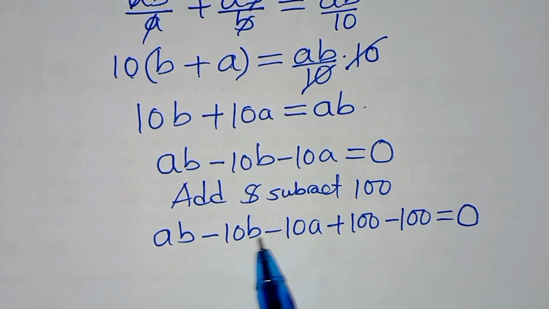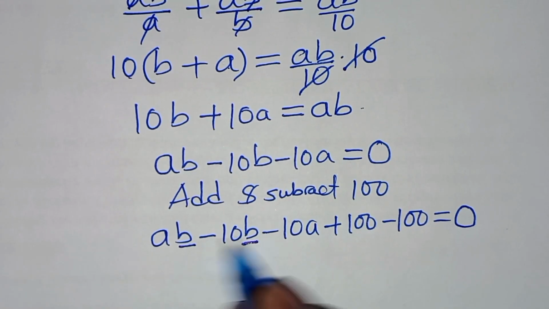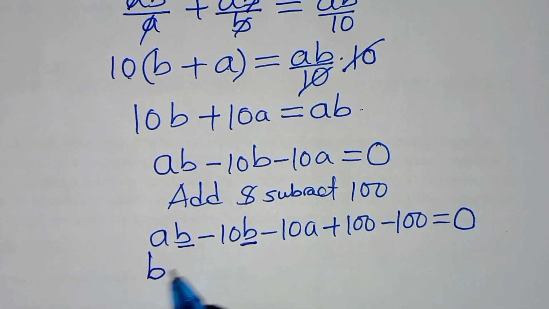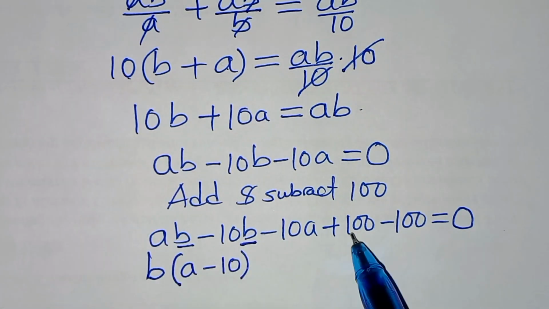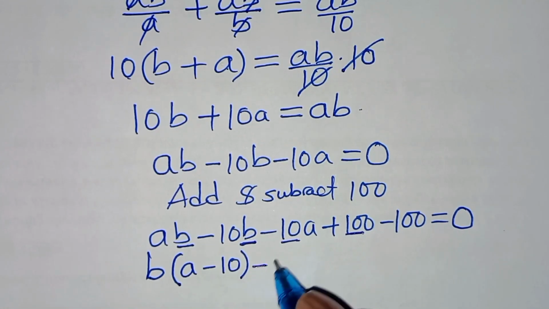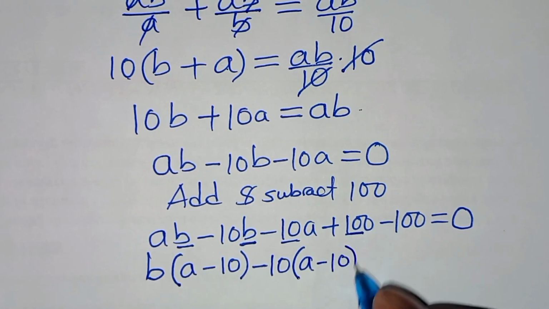So now as you can see here, we have b and b is common here, so we can factor out b. So you'll have b into the bracket a subtract 10. The second part here, we have 10 and 10 is common here, so subtract 10 into the bracket a subtract 10.